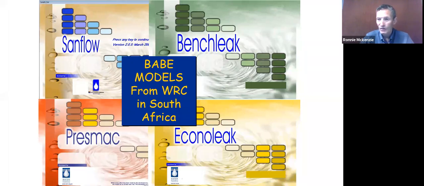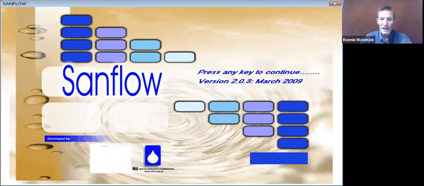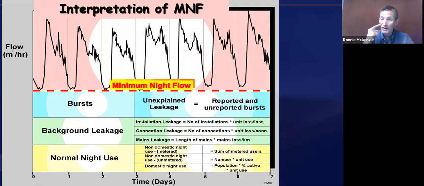So there's a huge number of models and manuals and papers written about this. So I'm not going to go into much detail. On our SANFLOW model, I'm not even going to really talk much about SANFLOW. Basically, the SANFLOW model is the one that I like best, probably. It covers the principles of the bursts and background estimates. It helps you to analyze what is below your minimum night flow.